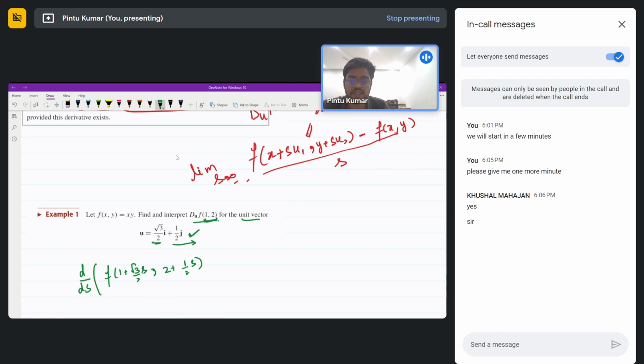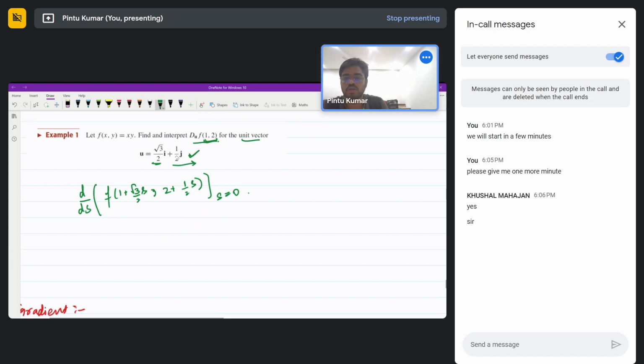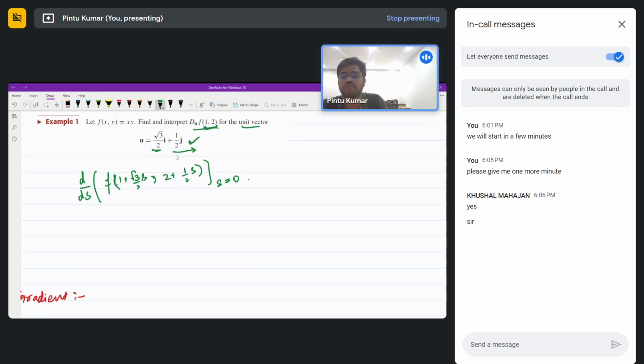Now the derivative of this at s equal to 0. So let's calculate what is f of this value. F of xy is given by x into y. So this is d by ds of 1 plus root 3 by 2 s into 2 plus 1 by 2 of s.